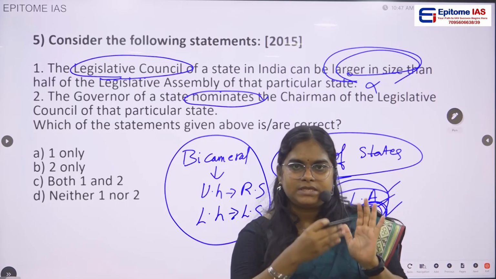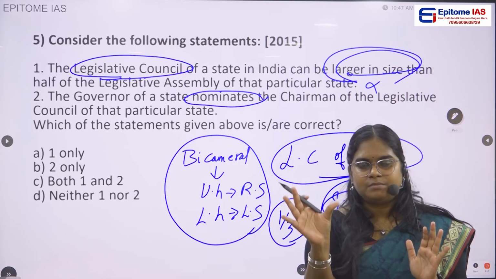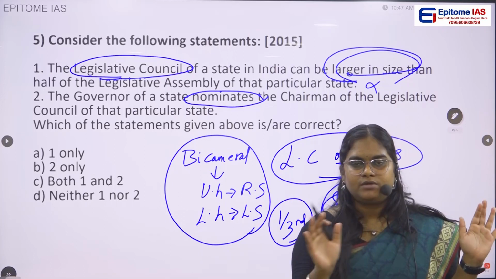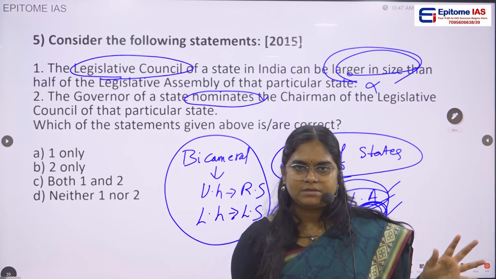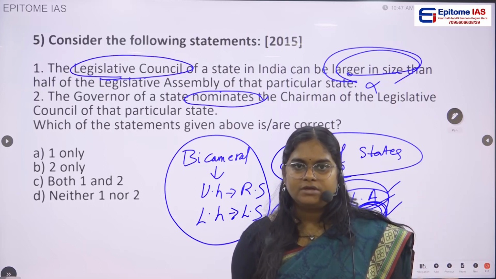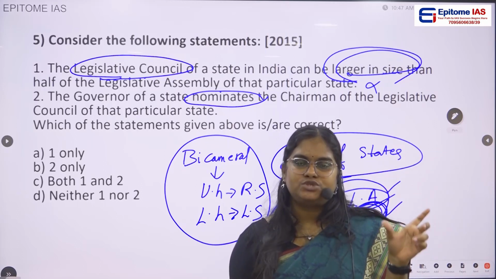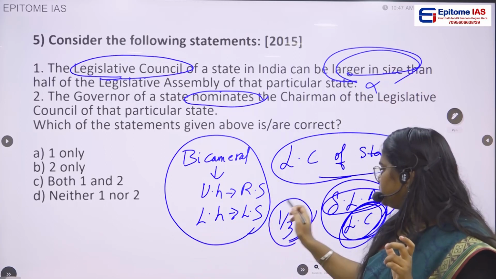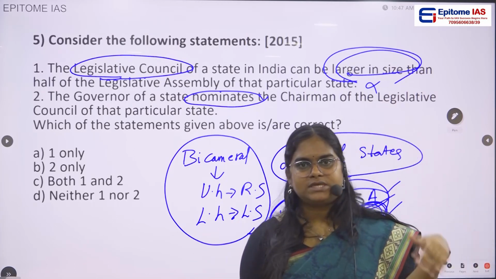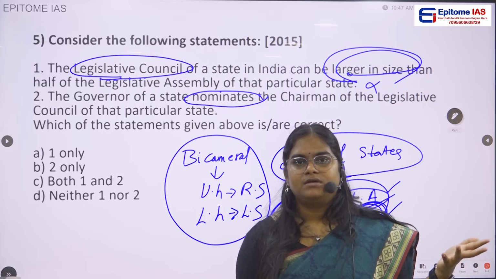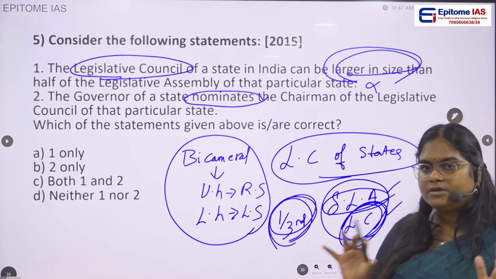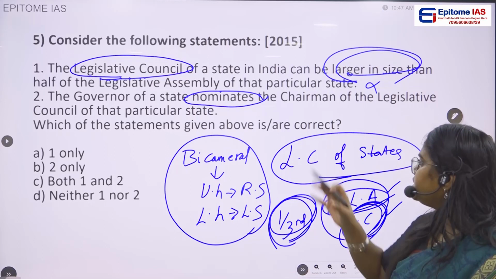So let's say a state has a certain number of seats in its legislative assembly. In the legislative council, the number of seats should be only 1/3 of the seats of the legislative assembly. This is what is given by the Constitution of India. So we can eliminate this option.